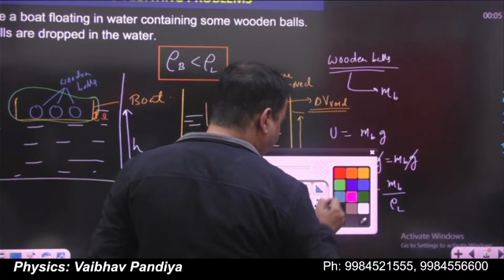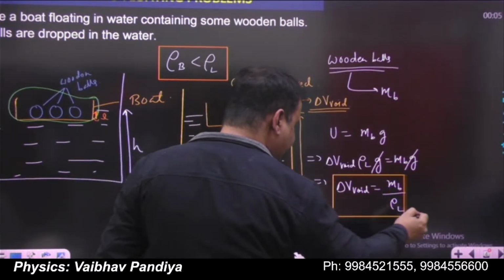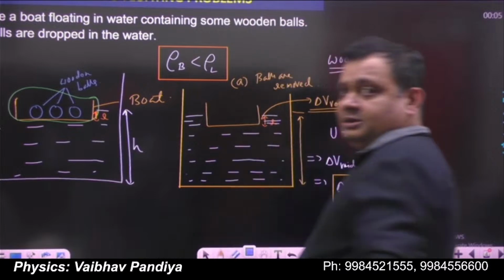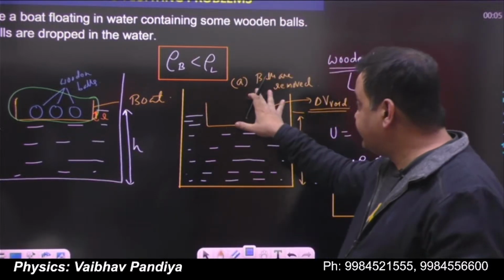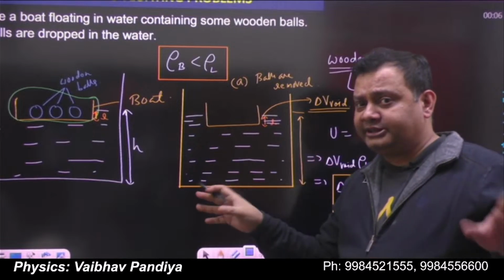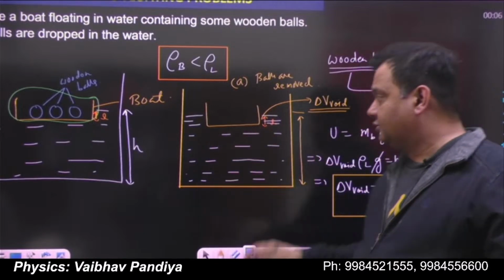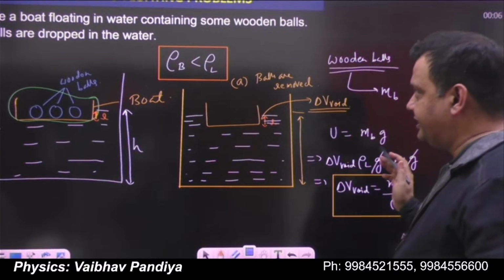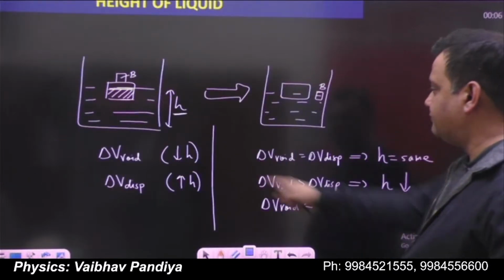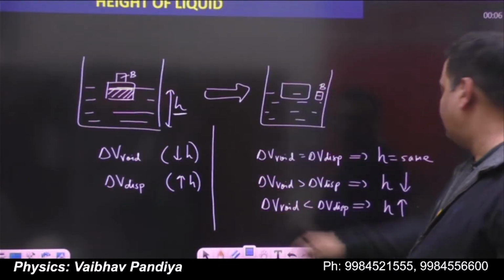Is there any volume which is getting further displaced? No, because in this case nothing is being thrown in the water. I'm considering case A. You are simply removing the balls and not throwing anything in the liquid. So only the volume is getting free. And if the volume is getting free, we have seen whenever the volume gets free, it will decrease the level of the water.